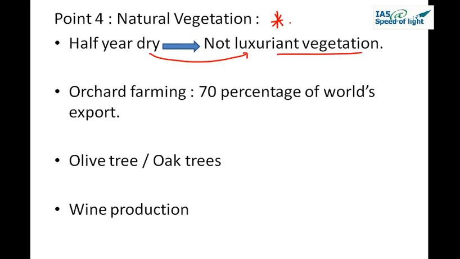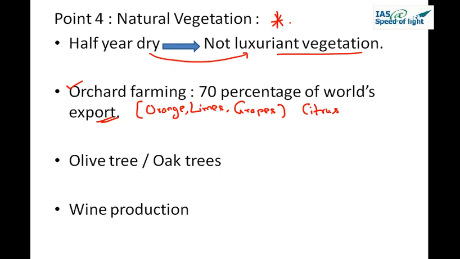This region is also known as the orchard farms of the world. So orchard means the citrus fruits like your orange, limes, grapes. So all these, like 70% of the total world's export of these citrus fruits happens from the Mediterranean region.